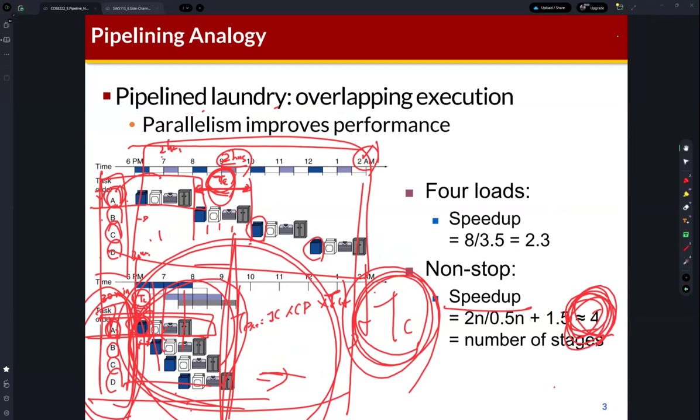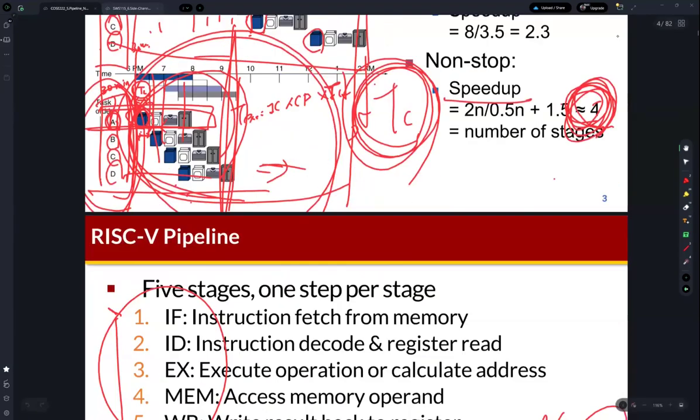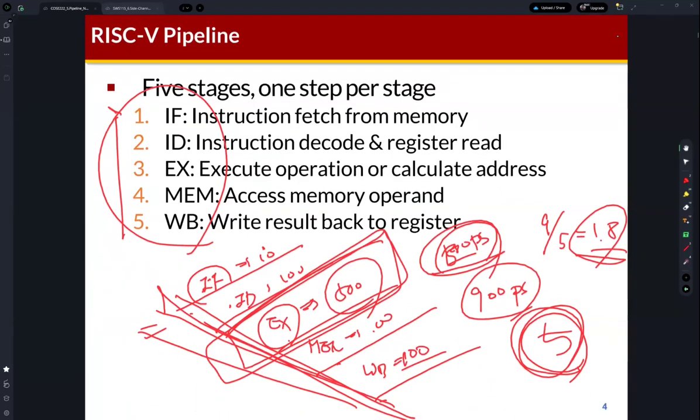It is because we can decrease the clock period. In the performance equation, if we reduce the clock period, then we can improve the performance, right? But we did not discuss the CPI, okay?